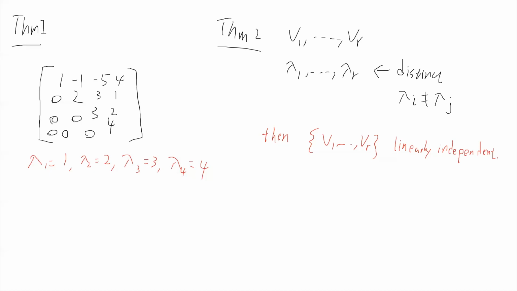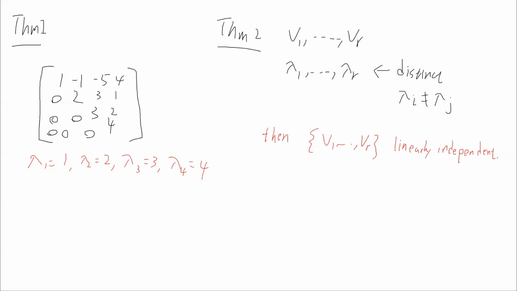And again, the proof is quite long for this one, so I'm not going to go over this. Maybe I can make separate videos for the proofs. But for now, we are not going to worry too much about the proof, but understand what the theorems are saying. Theorem 1 says if you can make a matrix into upper triangular, then the diagonals are your eigenvalues.